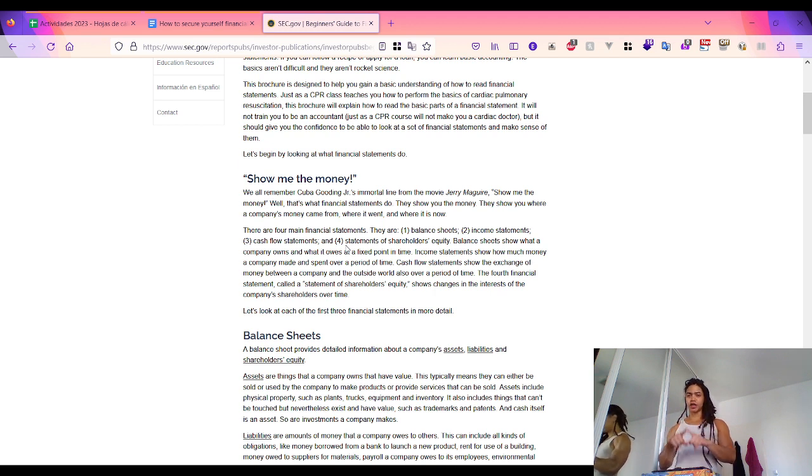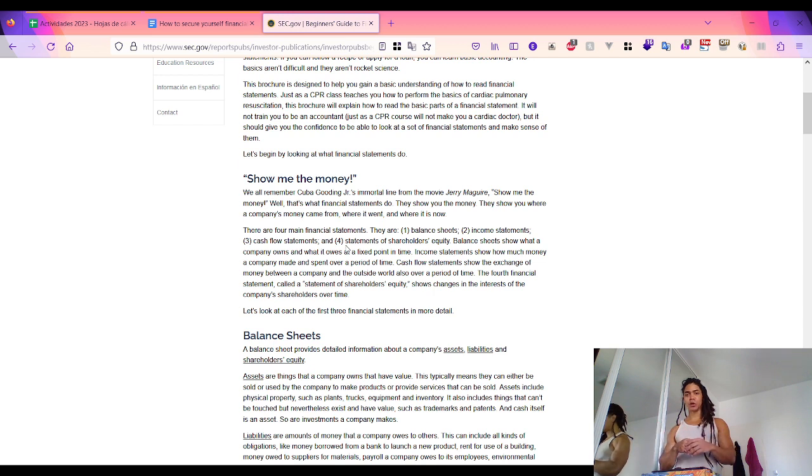Liabilities is the amount of money that a company owes to others, for example, obligations to pay employees, payroll, the rent for use of a building, a loan from a bank to launch a new product or service, tax owed to the government, environmental cleanup costs, or any obligations to provide goods and services in the long run.